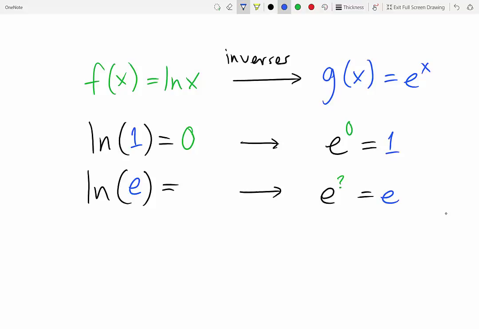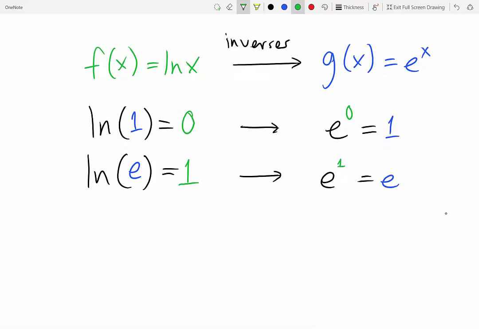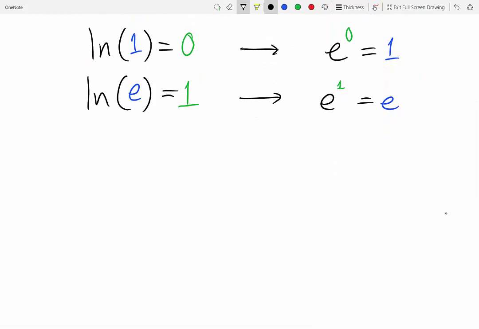Again, that's what the natural log of e is really asking. What power do you have to raise e to in order to get a result of e? Now again, this one should be pretty obvious for us. That answer would have to be a 1. So what is the natural log of e? It's 1.